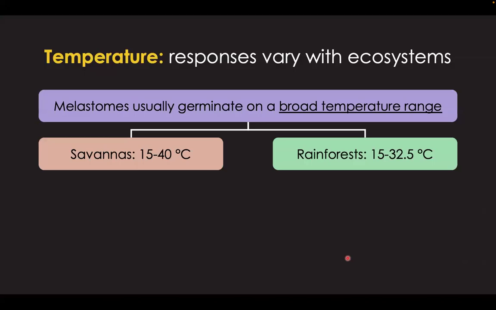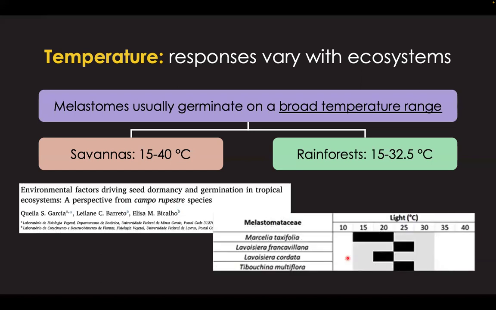But if you look at the differences inside these ecosystems, they are also all over the place. This is a small example from species from the Campo Rupestre, and you can see that while all species are able to germinate between 15 and 30 degrees, the optimal germination of most of them is either between 15 and 20, or 25 degrees, and so on.